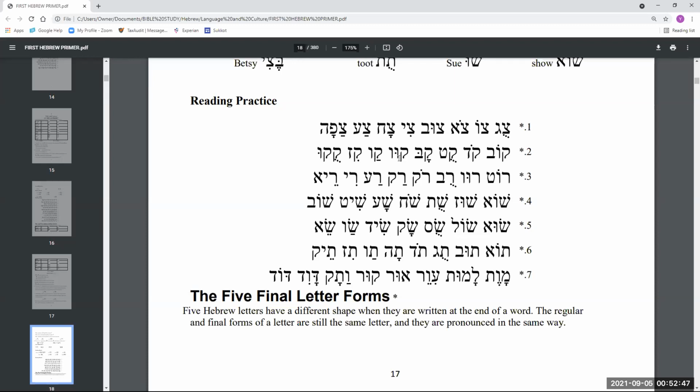So would that be a kuv? Okay, so does that vav have a vowel attached to it? No. Okay, and I'm going to say usually, 9 times out of 10, almost always, if that wa or vav doesn't have a vowel, it's silent.